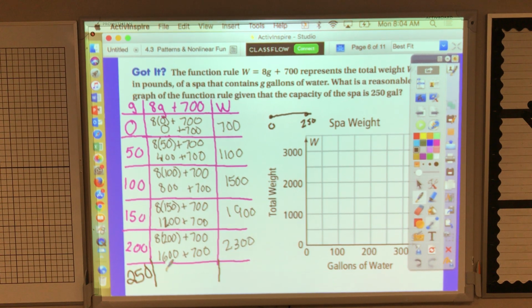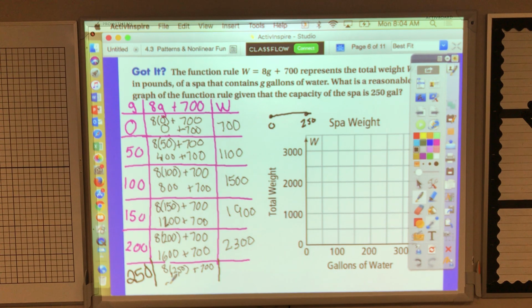And now I'm doing that last value, 8 times 250 plus the 700. 8 times 250 is 2000, plus 700 is 2700. So the function W equals that, the total weight in pounds.